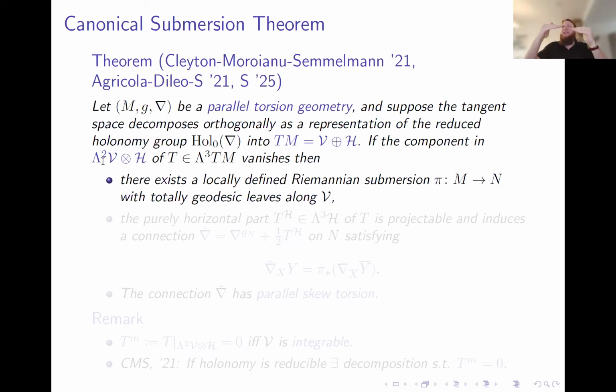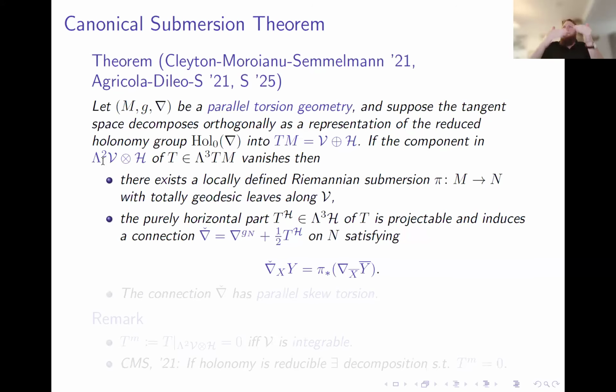Basically, I'm projecting to a horizontal slice, and I can push my geometry down to this horizontal slice, in the sense that the purely horizontal part of my torsion tensor is projectable along the submersion.